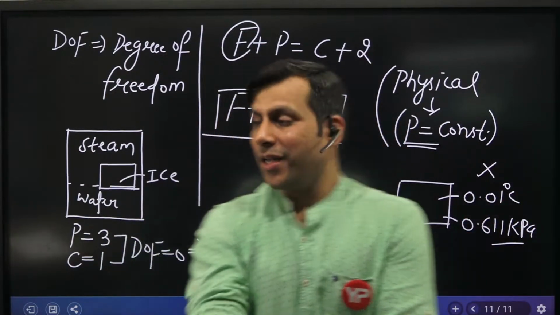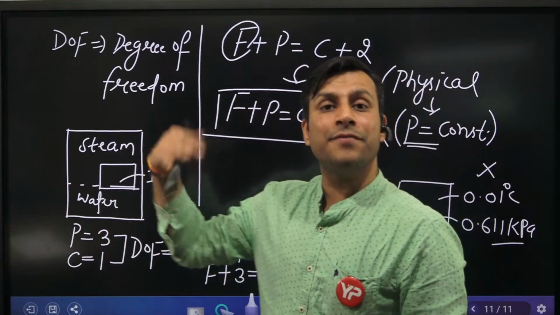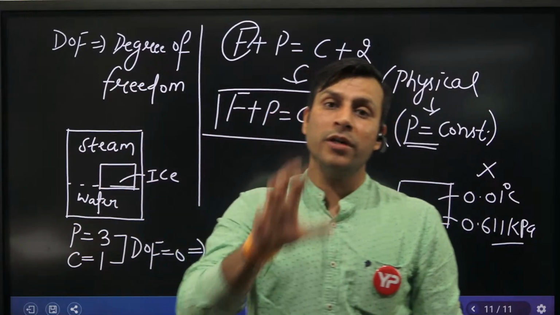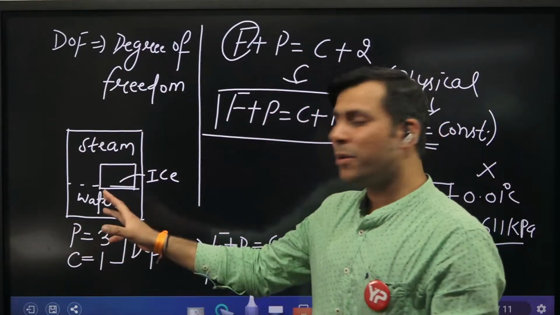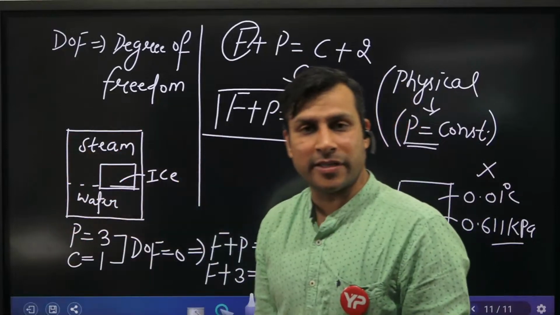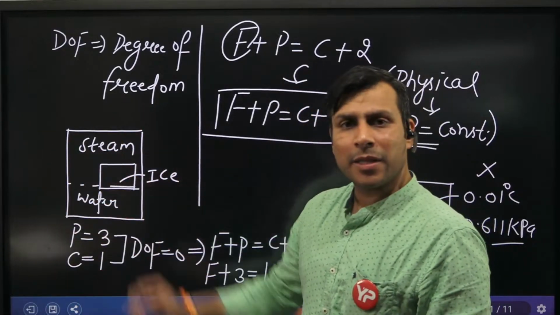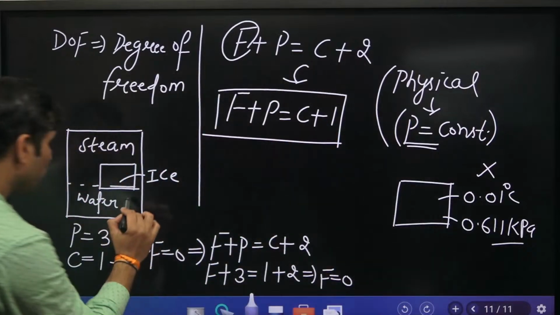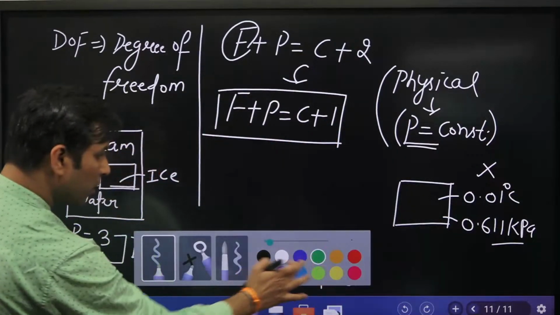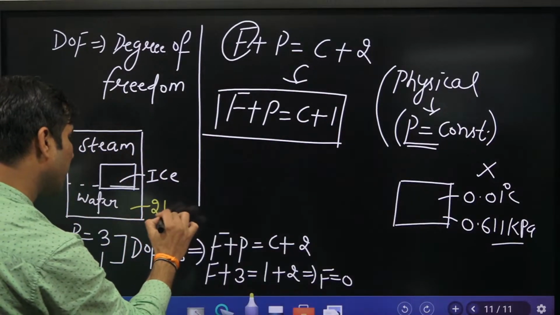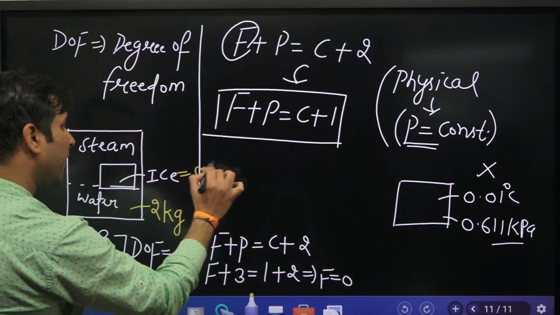Again, I'm repeating, guys. How many intensive variables you can change without disturbing the phase equilibrium? Phase equilibrium is how many phases are there? There are three phases. Okay. अब ये equilibrium है. Equilibrium का मतलब क्या है? Suppose here you are having 2 kg water. Okay, you are having 0.5 kg ice.